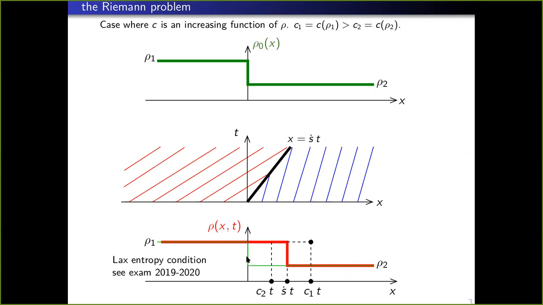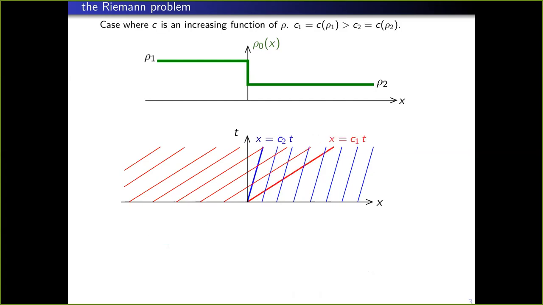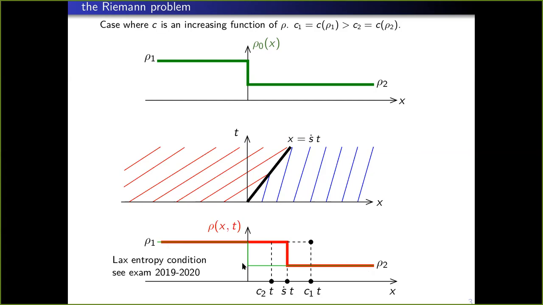So the green line is the initial distribution. Here, this is the distribution at time t. So one does not go up to c1 t, which would be the position expected earlier. One stops at s dot t, and that's it. Just a remark.